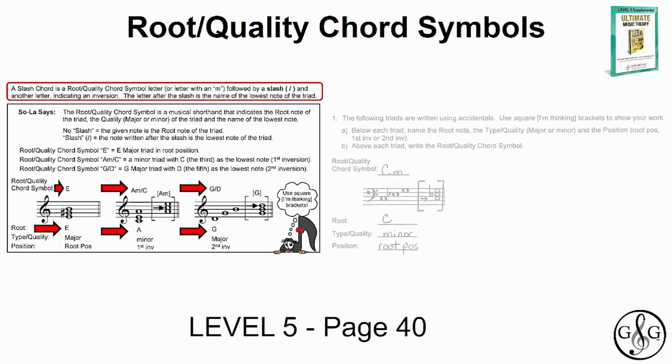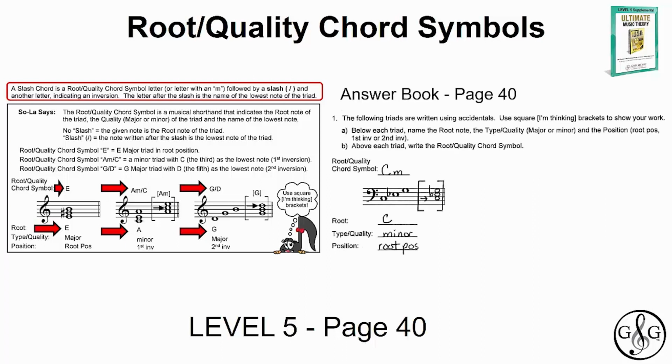Now, in the answer book, and I just want to share this with you, on page 40, here's how UMT's exclusive square I'm thinking brackets technique helps students easily write the triad in root position, all right? And then draw an arrow pointing to the lowest note of the given triad. So we see our triad and the lowest note is C, and then identify the root quality chord symbol.